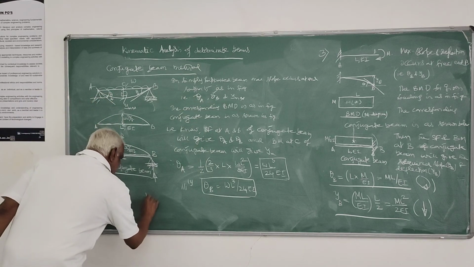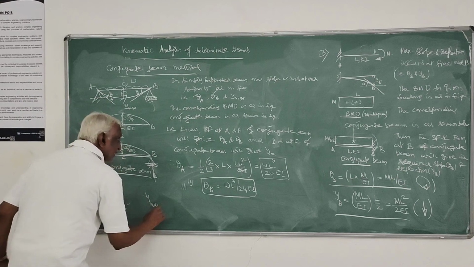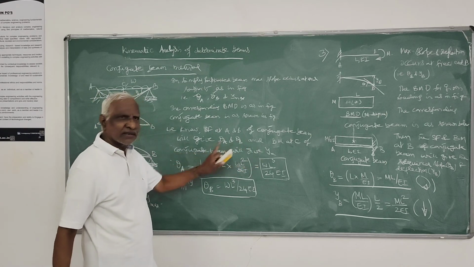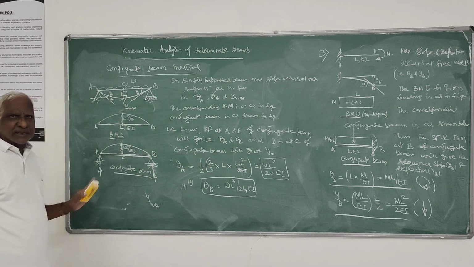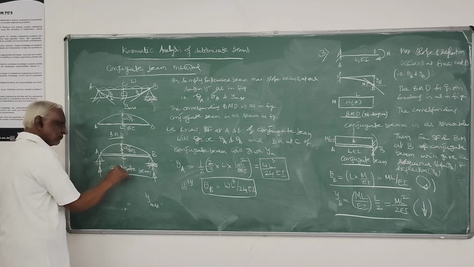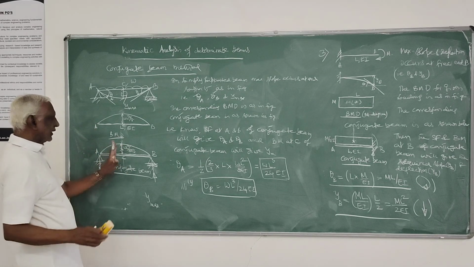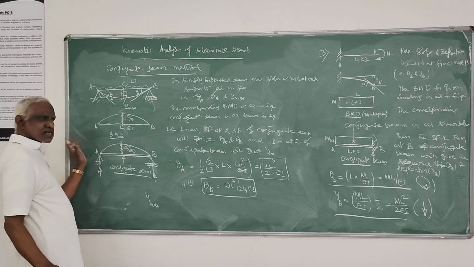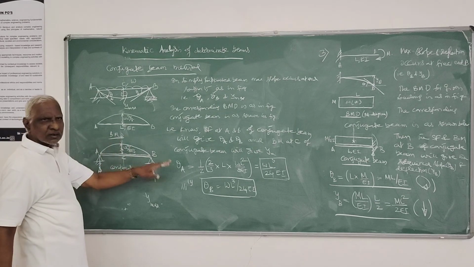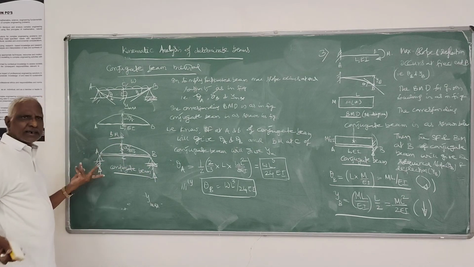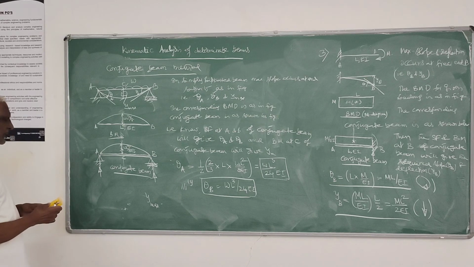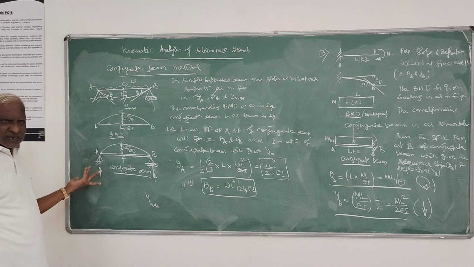Then Y max. That also I have told is nothing but the bending moment at C. So this is the section C. Either you take moment of all loads towards the left or towards the right and evaluate. So I will take left. Both are the same.